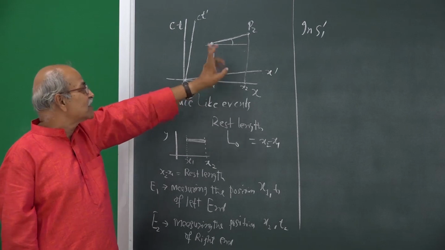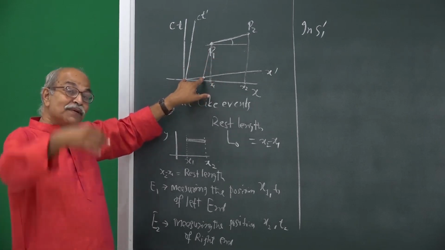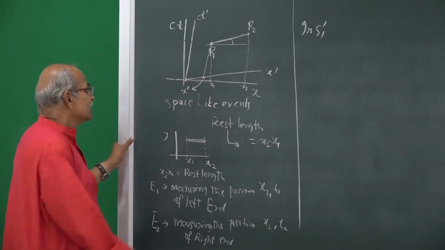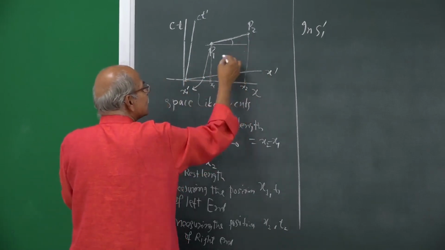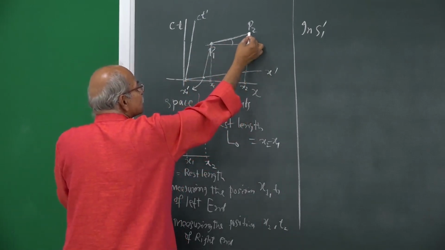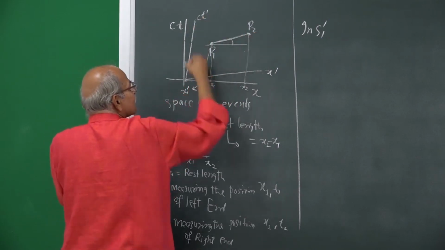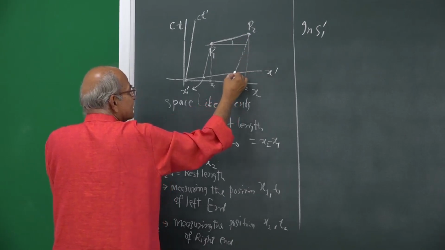Remember, actual x prime will be this x prime multiplied by that factor, square root of (1 minus beta square) by (1 plus beta square). So, this is x1 prime on this line, on this scale, and similarly to get the x prime of this event, again you draw a line parallel to this, and that meets my x prime axis here.